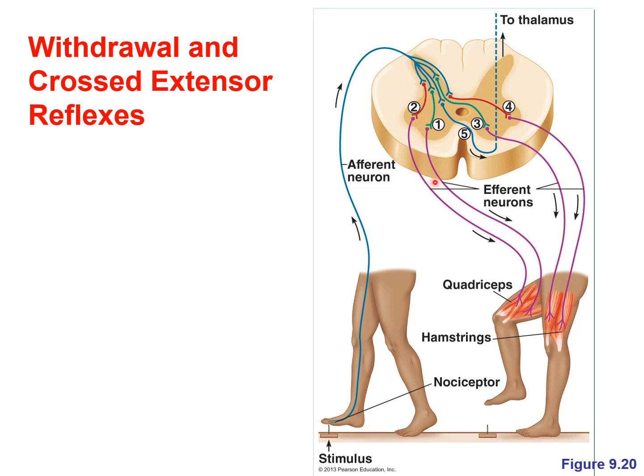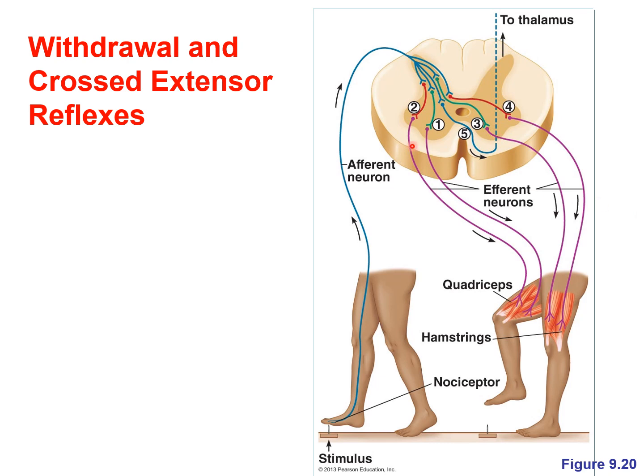So we need to talk to our hamstring muscle, and we want to tell it to contract. And that's going to allow you to flex your leg and lift it up, withdraw it from the nail. And then at the same time, we also want to tell the quadriceps muscle to relax, because that'll allow us to withdraw our leg.